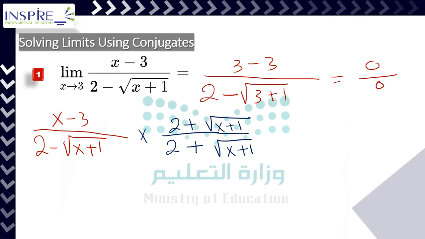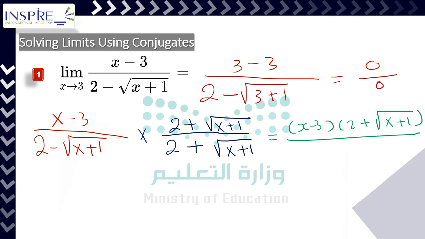Okay, in the next step we will keep the numerator the same. It will be x minus 3 times 2 plus root x plus 1 over, and to solve the denominator we will multiply 2 times 2 is equal to 4, negative times positive is equal to negative, and root x plus 1 times root x plus 1 will be x plus 1.